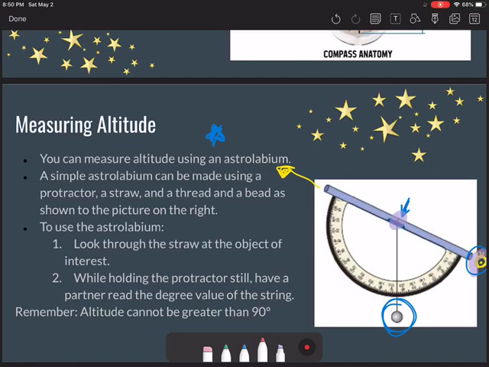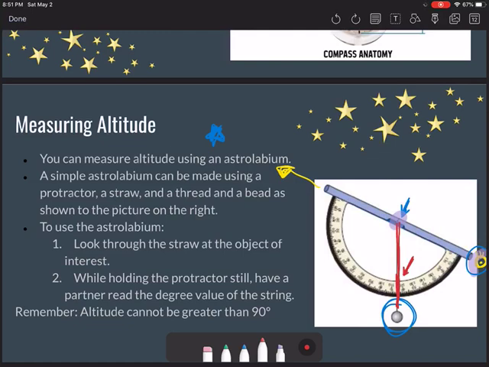As you are looking through and holding the astrolabe straight, the string should fall downwards and go across a certain reading on the protractor. Your partner, or whoever is there, would then read that reading for you, and that would give you your altitude.